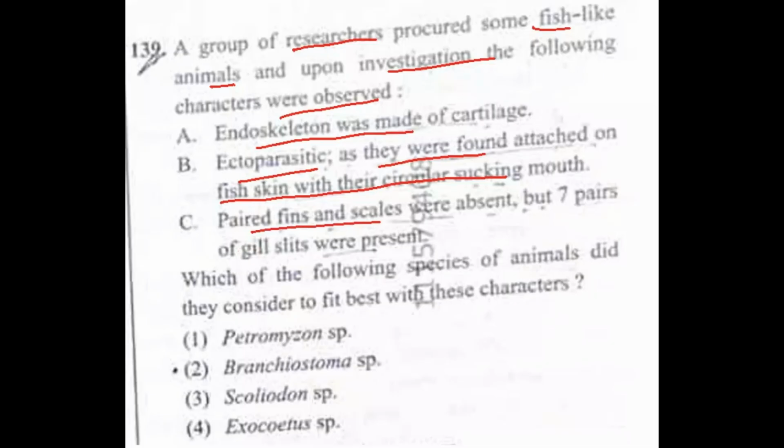Paired fins and scales were absent, but 7 pairs of gill slits were present. Which of the following species of animals did they consider to fit best with these characters? Option 1, Petromyzon. Option 2, Branchiostoma. Option 3, Scoliodon species. Option 4, Exocetus species. Answer is Petromyzon.